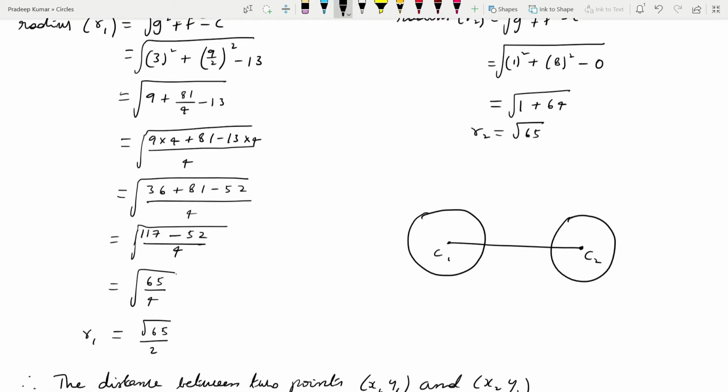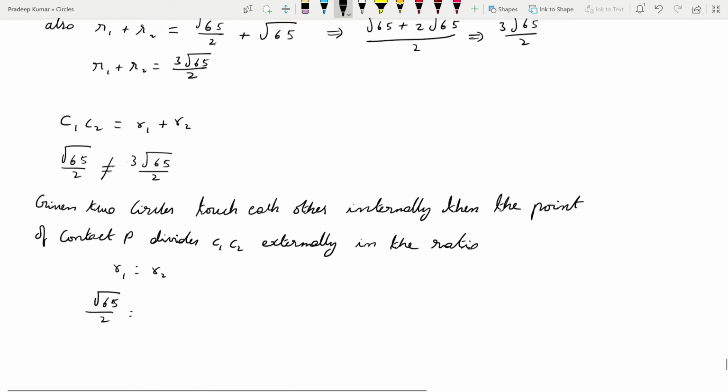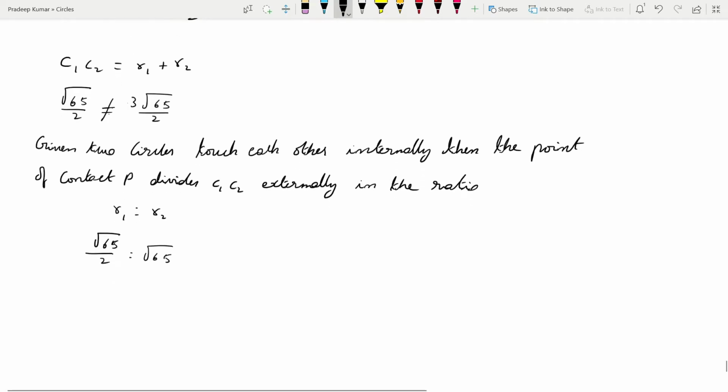So we'll take it here and see the ratio. Now if we cancel root 65, we'll get 1 by 2 is to 1. So 1 by 2 is nothing but 0.5. So 0.5 is to 1.